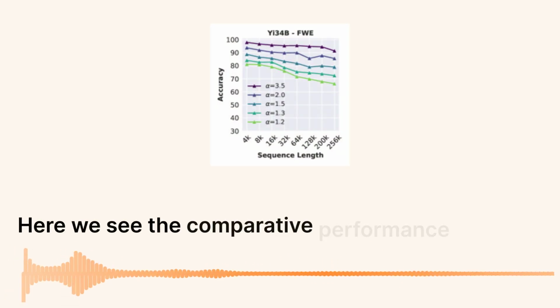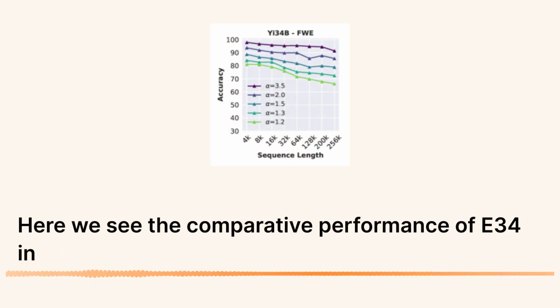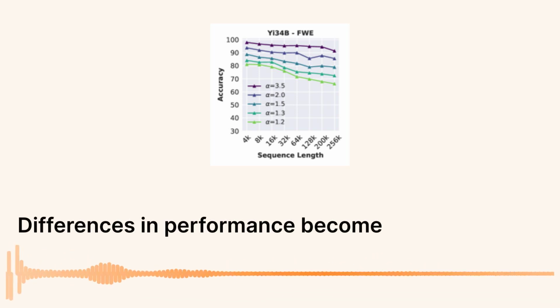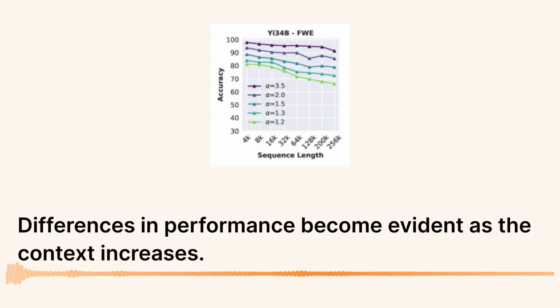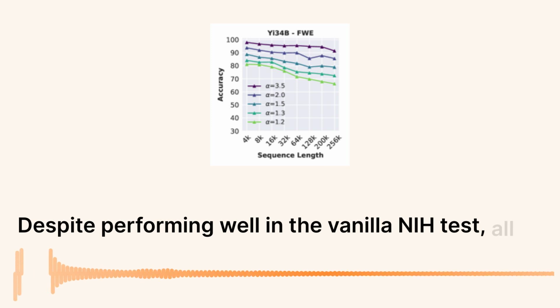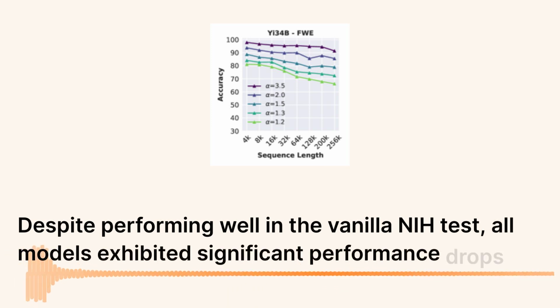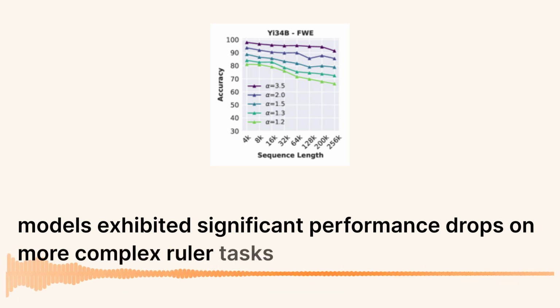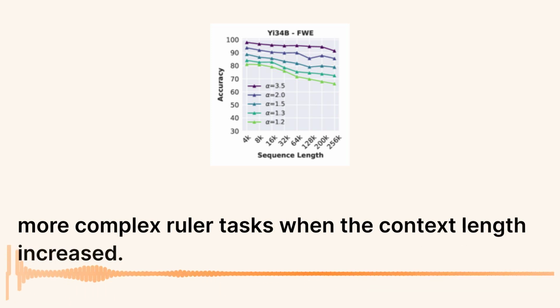Here we see the comparative performance of Yi-34B in various NIAH tasks. Differences in performance become evident as the context increases. Despite performing well in the vanilla NIAH test, all models exhibited significant performance drops on more complex Ruler tasks when the context length increased.